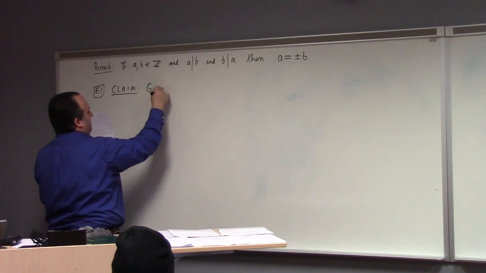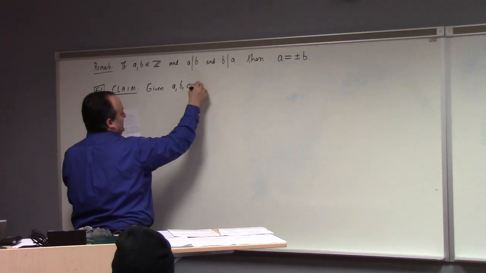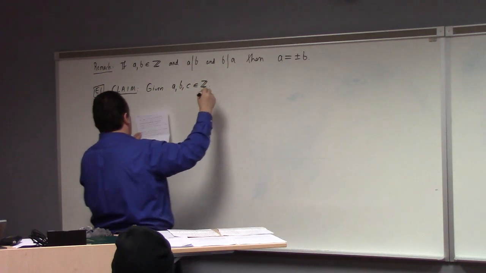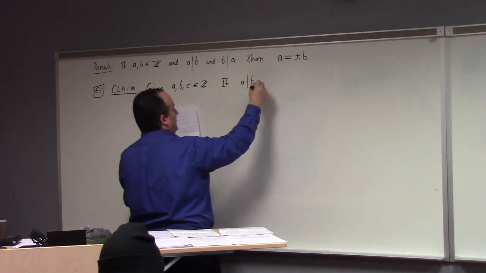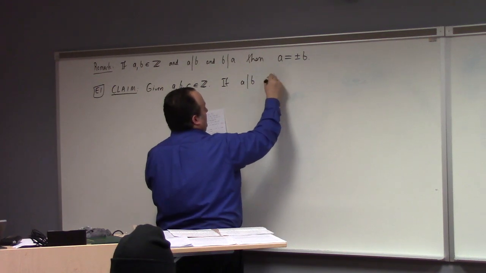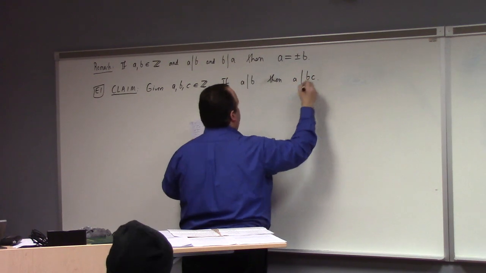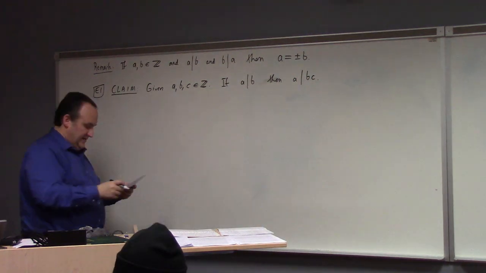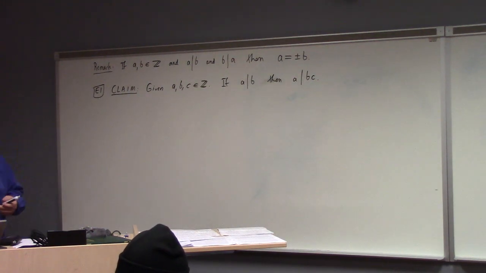Given a, b, c are integers, if a divides b, then a divides bc. So that's my first claim for today. Hopefully today we'll do a bunch of proofs, and I want to illustrate to you different methods of proof.